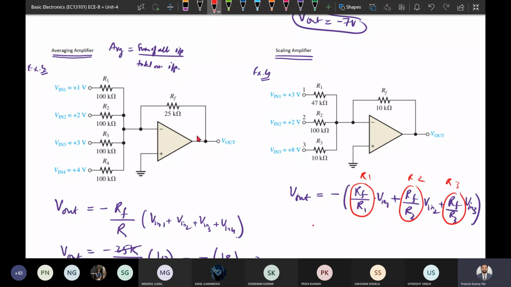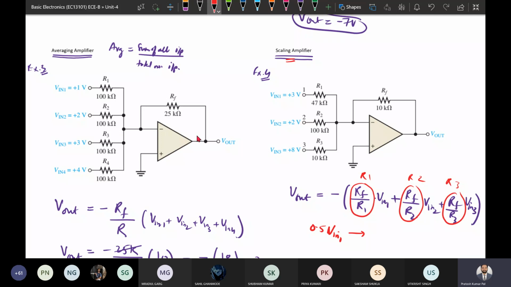So suppose sometimes it is 0.5 times V input 1, so it is going to scale V input 1 by 0.5 times. Whatever the coefficient is, if the coefficient is not equal to 1, the particular input is going to scale down. So this is how we will be able to implement the scaling amplifier.